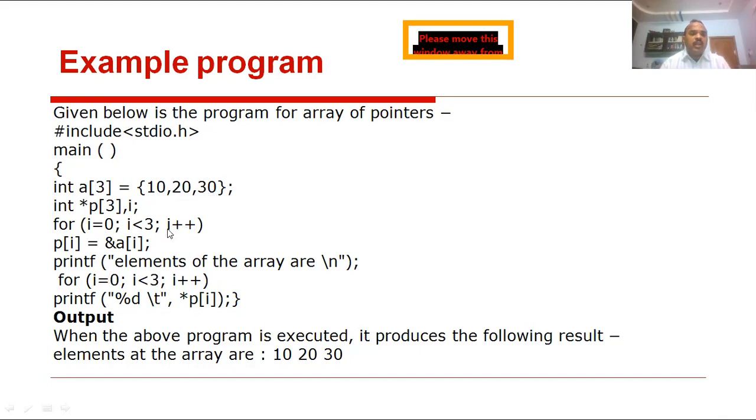It displays all the elements from the array. Okay, all of you, so this is the output. When the above program is executed, it produces the following results: elements of the array are 10, 20, 30. Tomorrow I will use the blackboard. I will explain with the address locations. Clear, all of you? Okay.